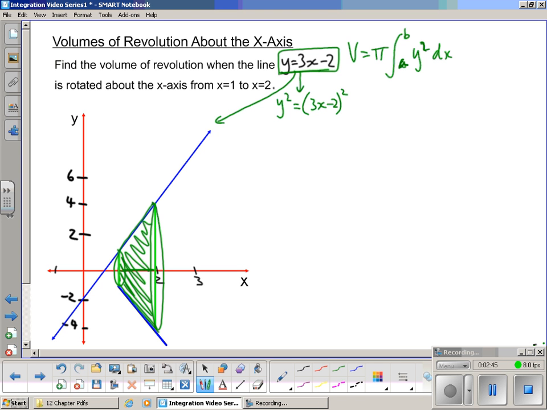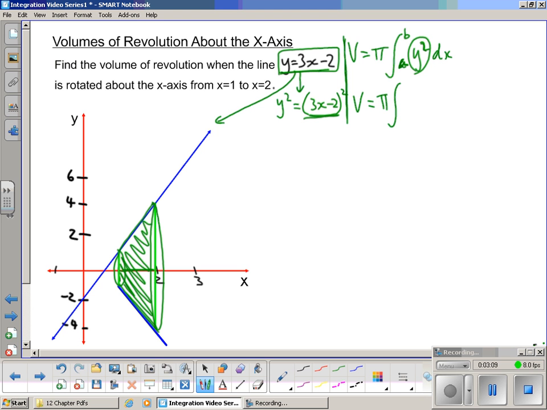Then that can take its place in the formula as y squared. So instead of y squared, we're going to put 3x minus 2 into our formula to find the volume of revolution. Straight underneath our formula, pi is going to be there.